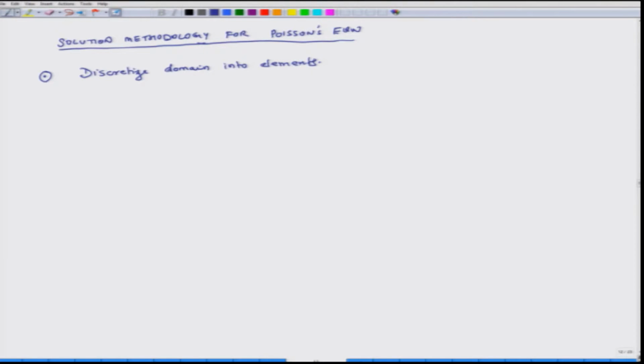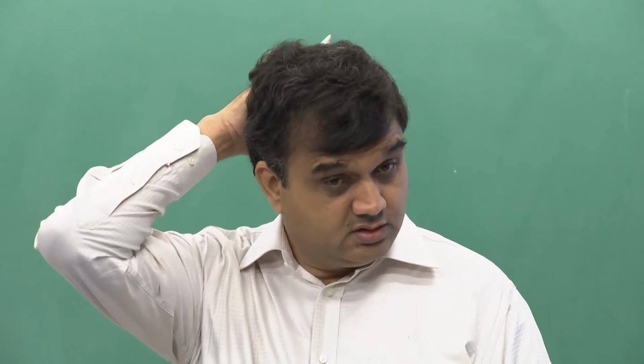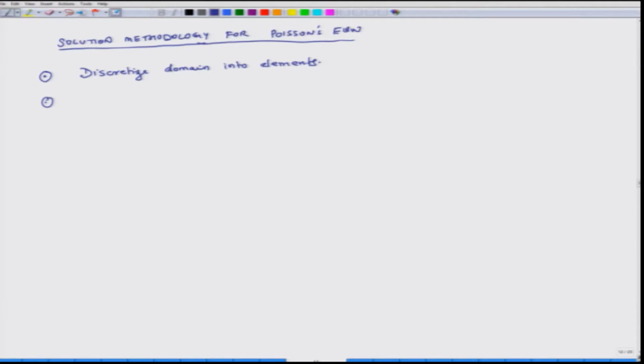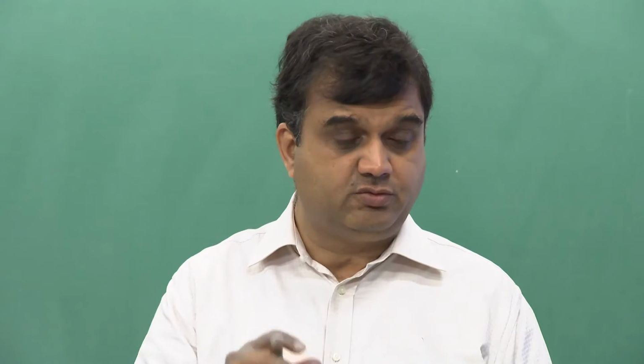The sequence of steps does not change, but the implementation of each step becomes fairly complicated compared to the 1-dimensional problem. So we discretize the domain into elements. Then we apply the equation for each element, because the equation is valid for all points in the domain. So we apply it to each element.